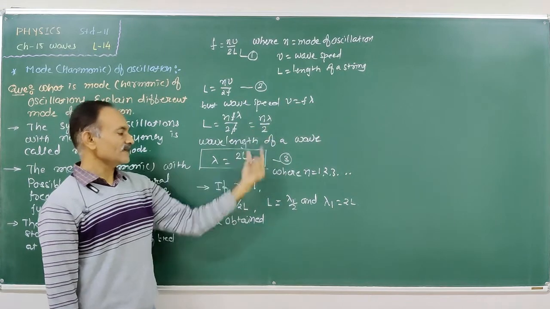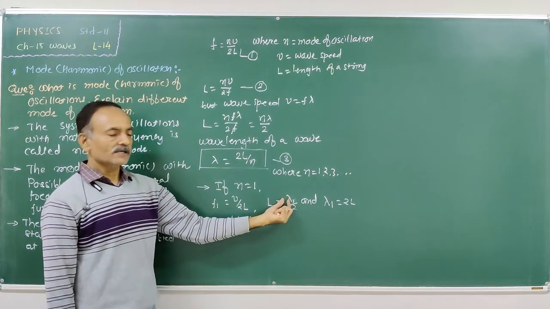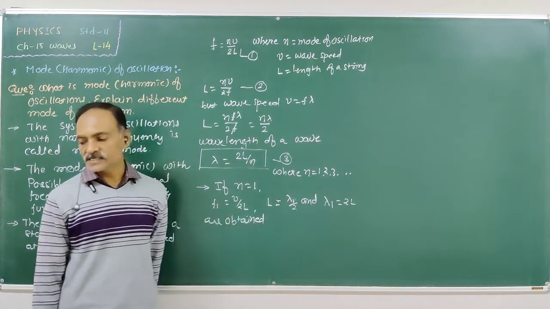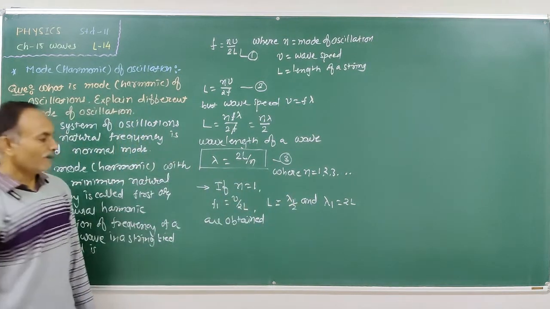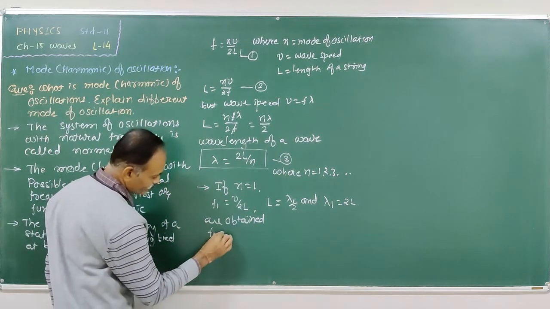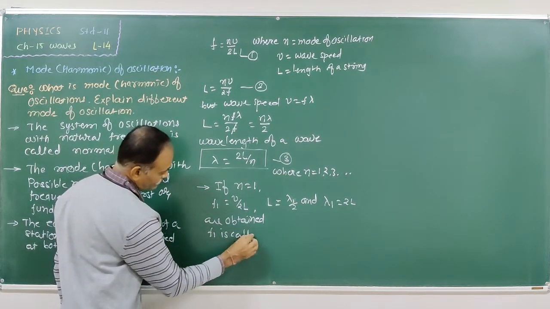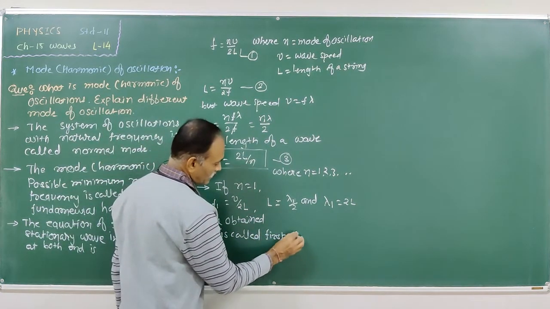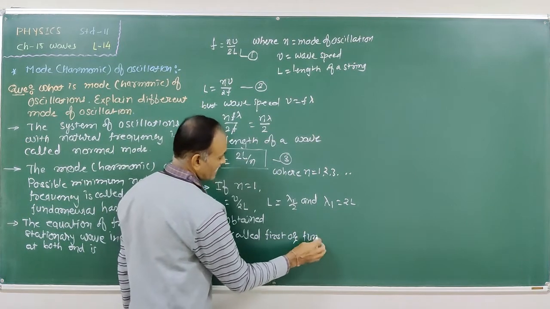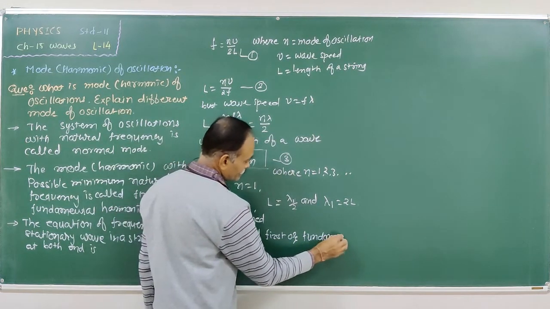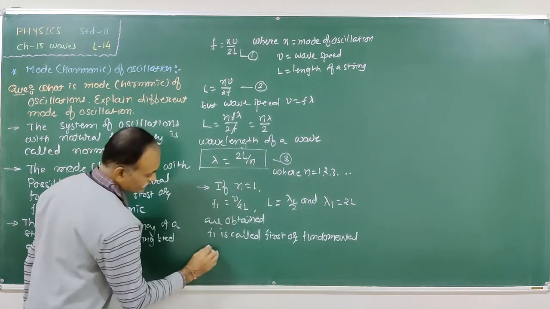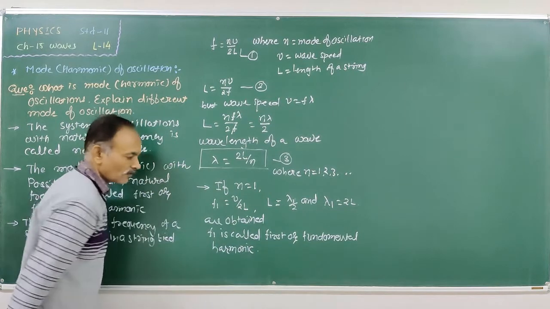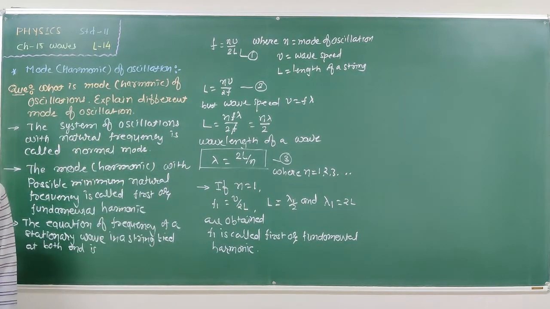From the equation L is equal to n lambda by 2, that means L is lambda1 by 2, and the wavelength lambda1 is equal to 2L. f1 is called the first harmonic or fundamental harmonic, known as the fundamental or the first harmonic.